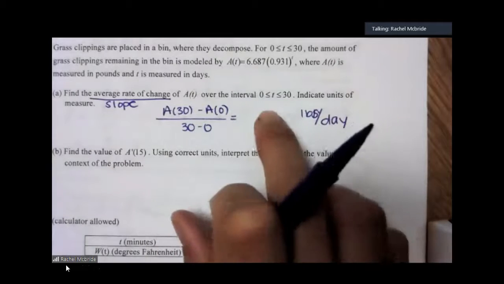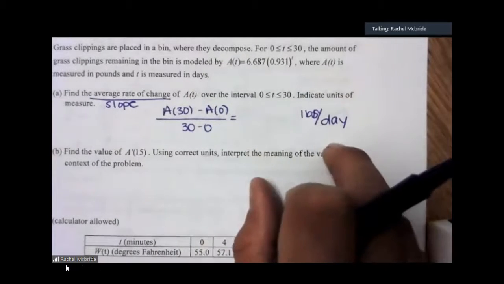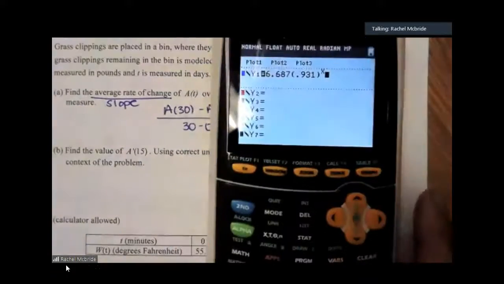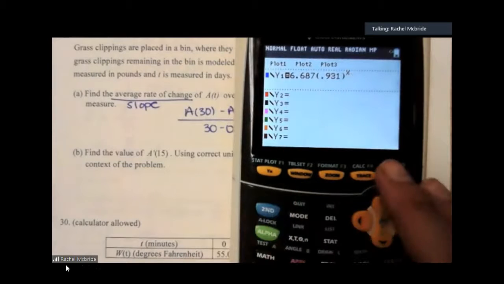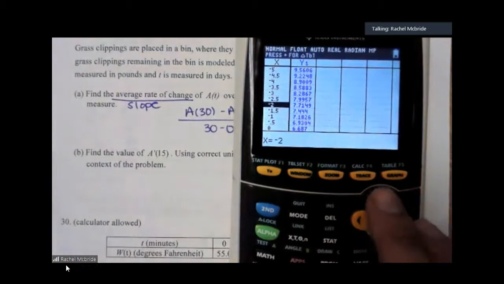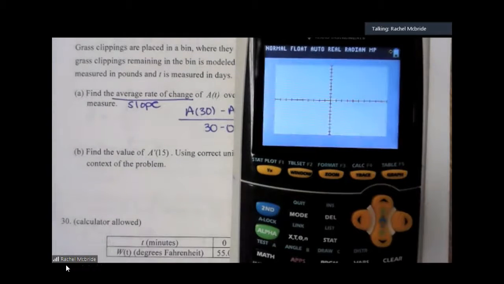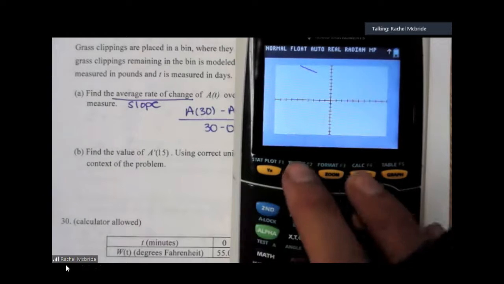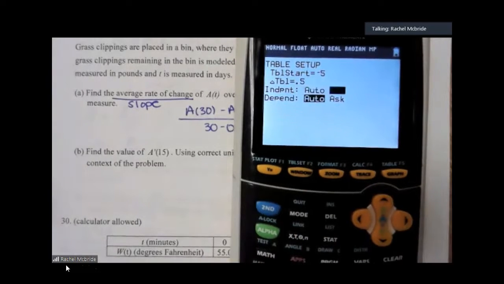Even if you don't know how to get this number, if you write down a random number, you can get your unit point. However, we do, because this is in my Y1, I can go to my table. Now, if you're in auto table mode, that's kind of a pain because it's going to take you forever to get to 30. So I would go to second, table set, and instead of auto, I'd set it to ask.